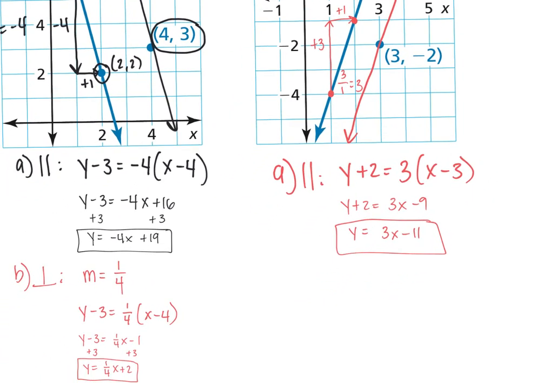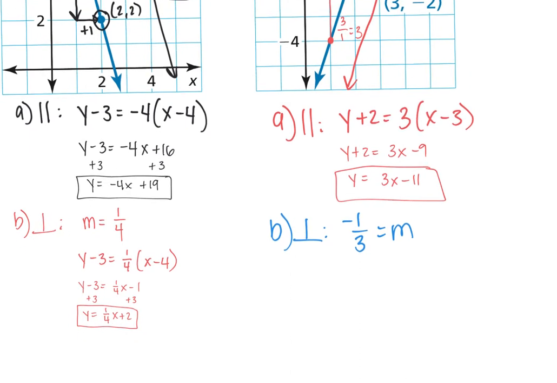For part B, my slope is no longer going to be parallel. My slope has to be perpendicular. How would I change the slope of 3 to be perpendicular? Jonathan? Negative 1/3. So my slope is now negative 1/3, and I just use that instead of that slope of 3.